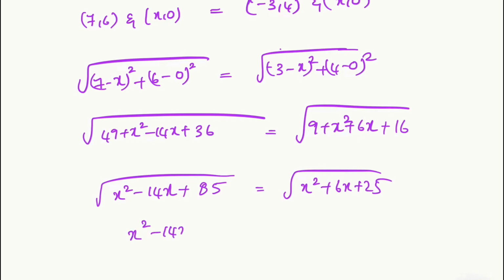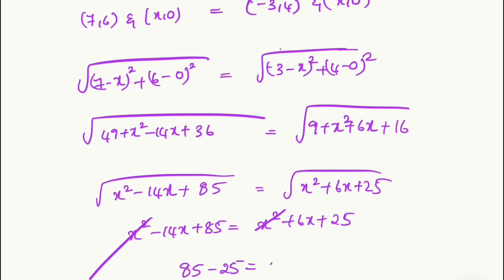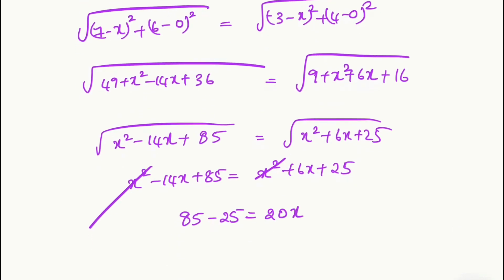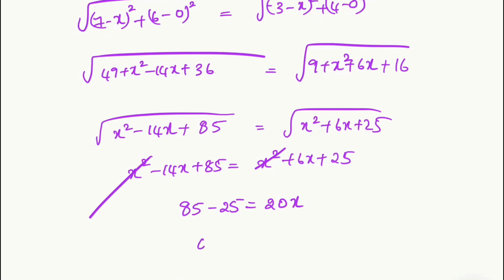Squaring, x square minus 14x plus 85 equal to x square plus 6x plus 25. X square and x square get cancelled. Finally, you will get 85 minus 25 equal to 20x. So 60 equal to 20x. X equal to 60 by 20, that is equal to 3. You get the value of x is equal to 3.